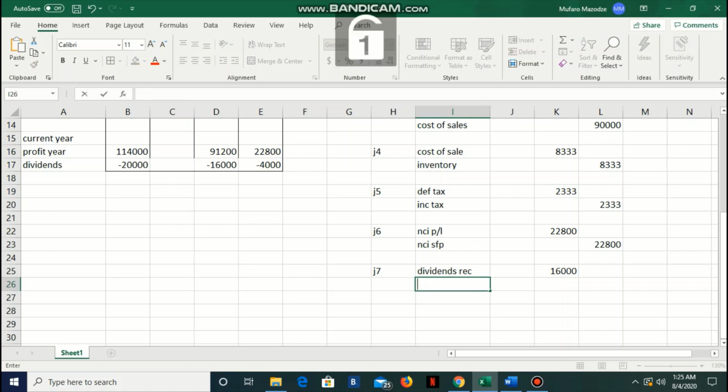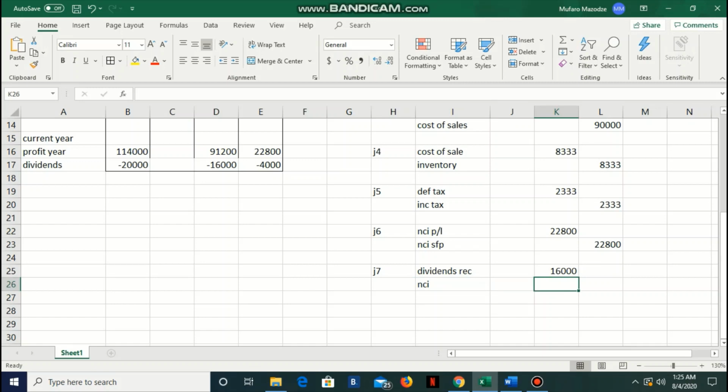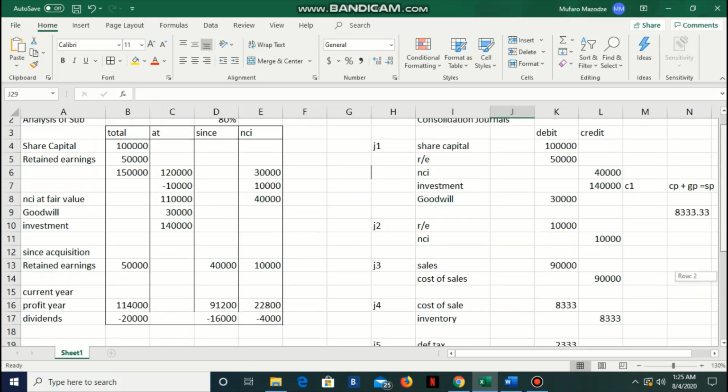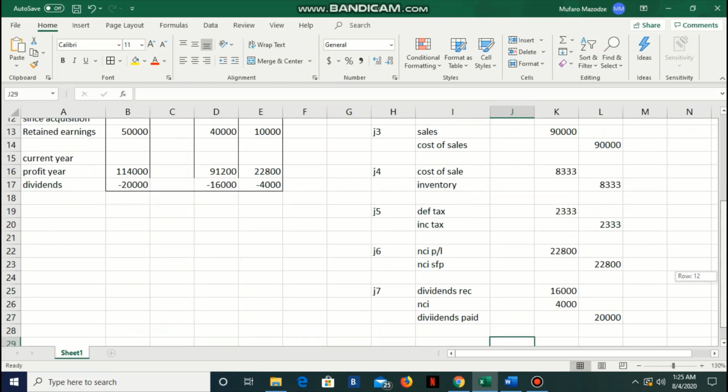And then NCI gets debited. Oopsie. My keypad keeps on locking. It keeps on going to num lock. Sorry, guys. And then this is going to be dividends paid, 20,000 rand. This is now like all our consolidation journals.